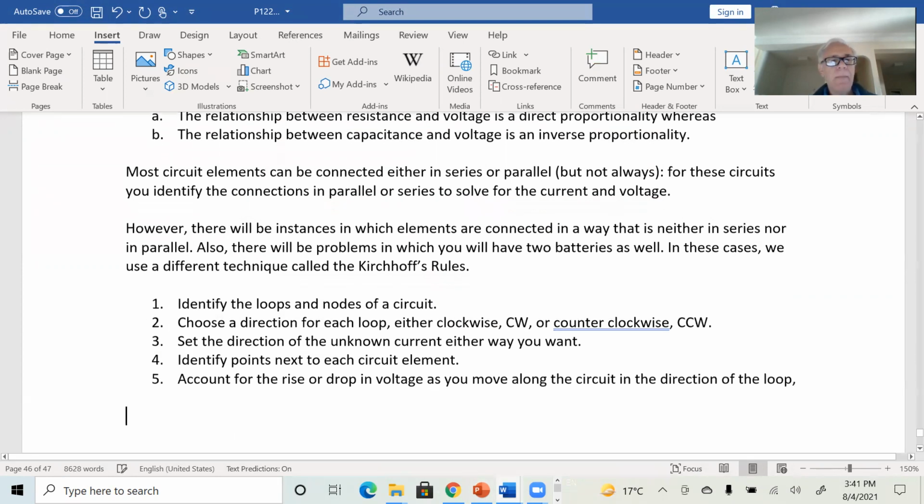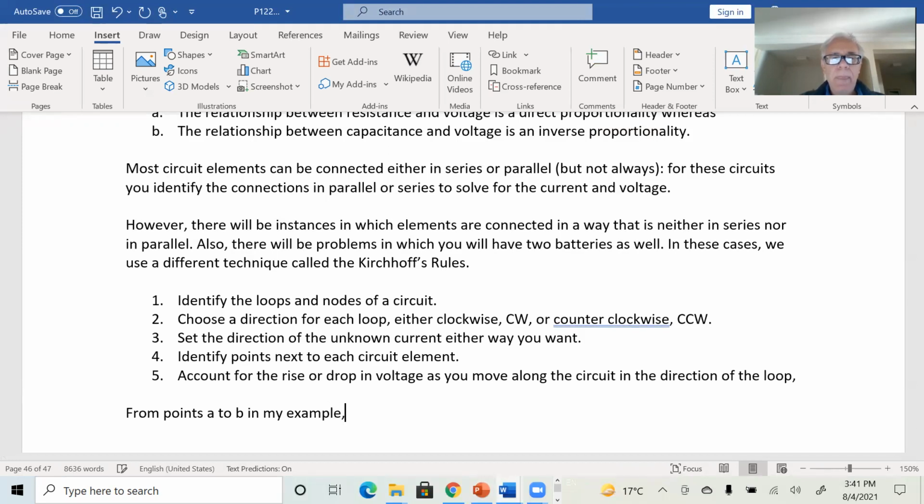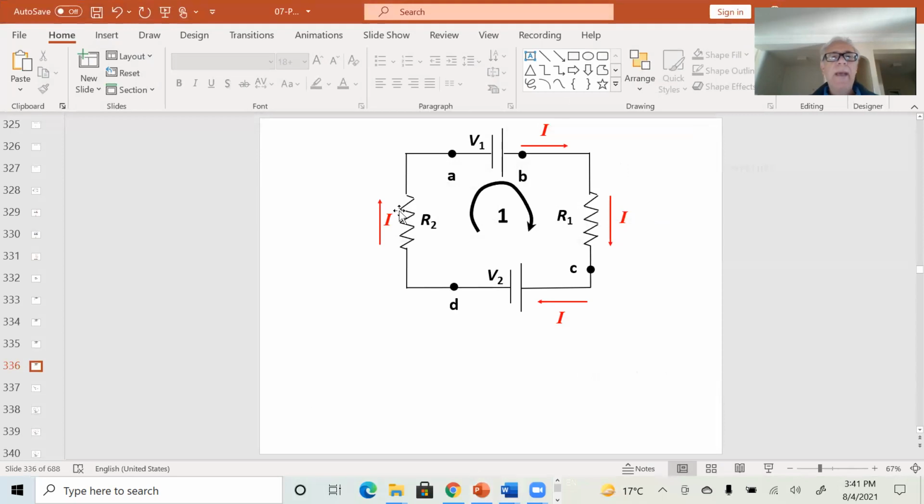Okay, so from A to B, let's do that together. From points A to B in my example, what do we have? When we walk from A to B, we have a rise in electric potential from lower potential to higher potential. The negative is at a lower potential than the positive.